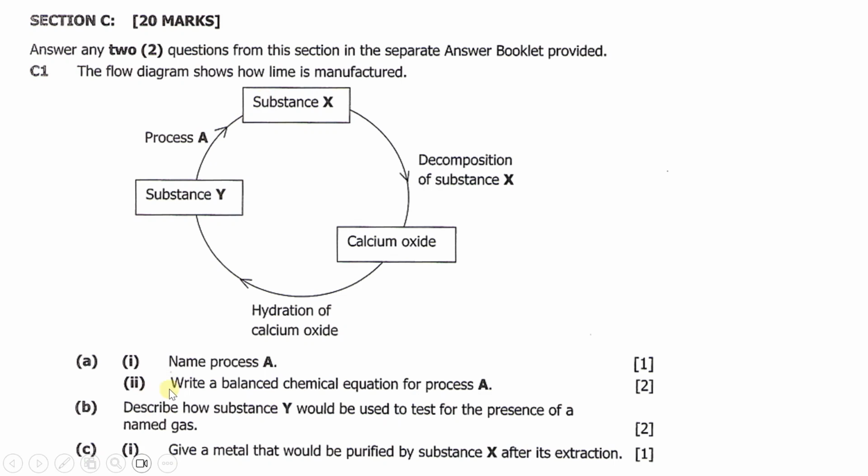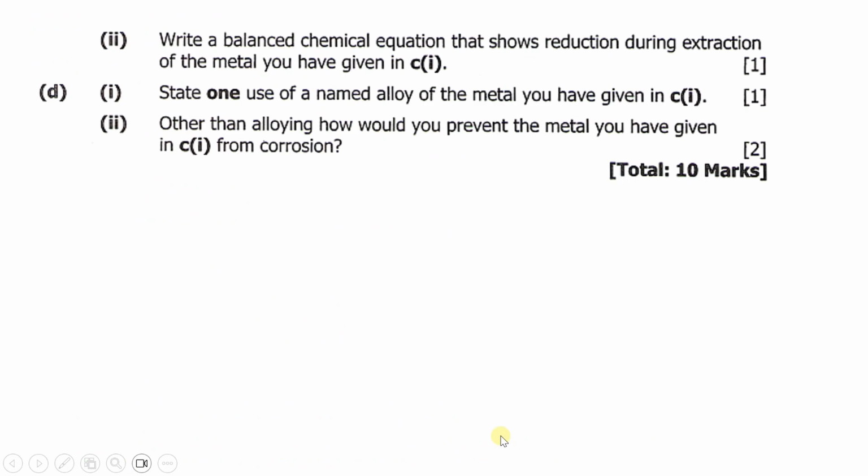Then part 2, they're saying write a balanced chemical equation for process A. So let me just go to this B here. Describe how substance Y would be used to test for the presence of a named gas. Then C part 1, give a metal that would be purified by substance X after its extraction.